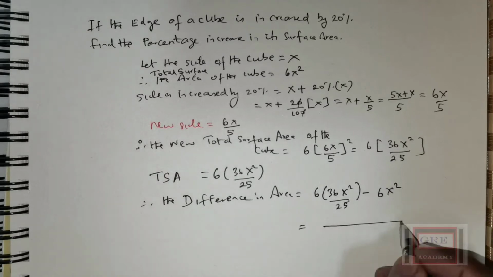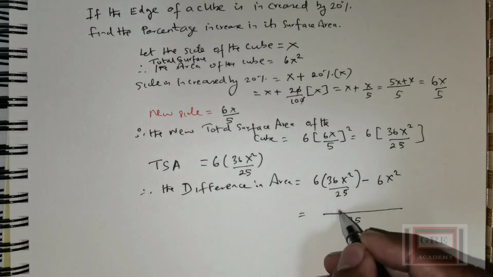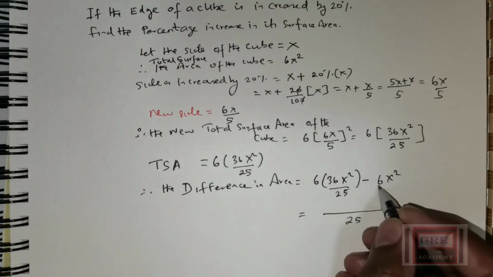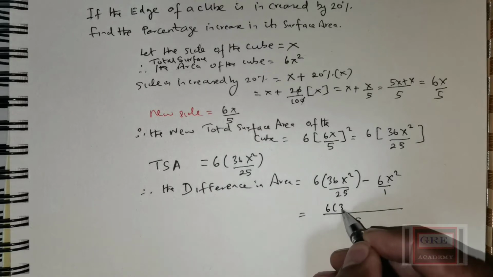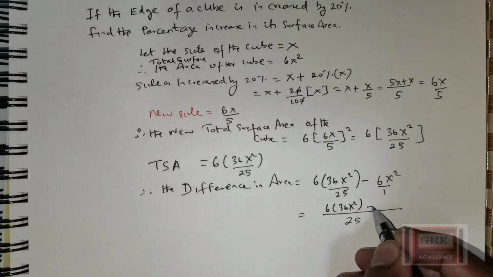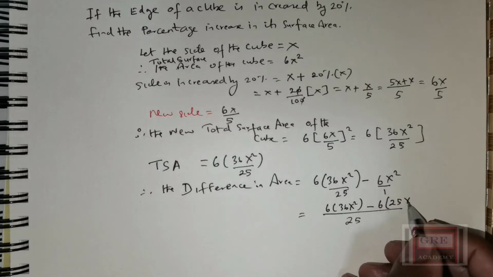That's going to be equal to, with 25 as the denominator because the LCM is going to be 25, 6 times 36x squared minus 6 times 25 times x squared.